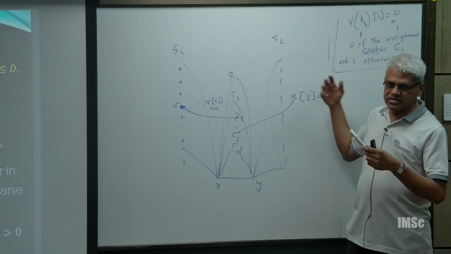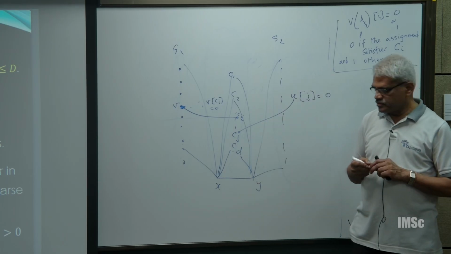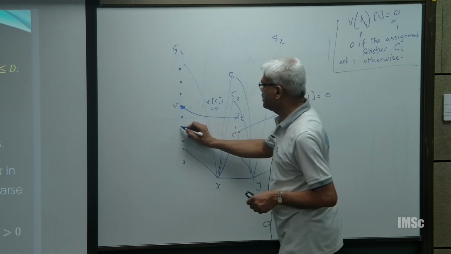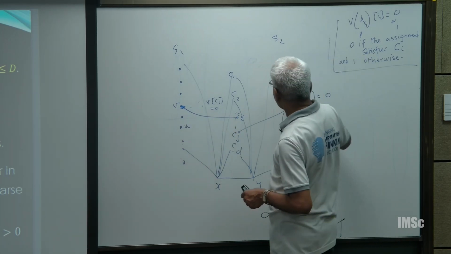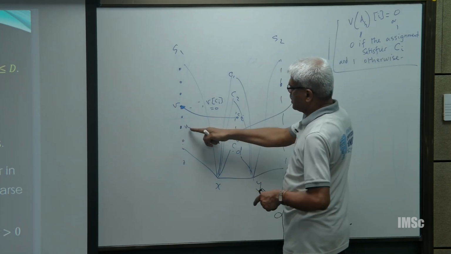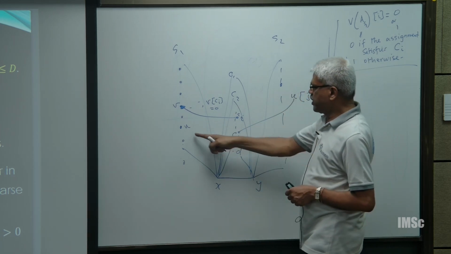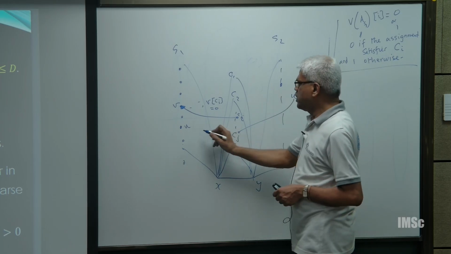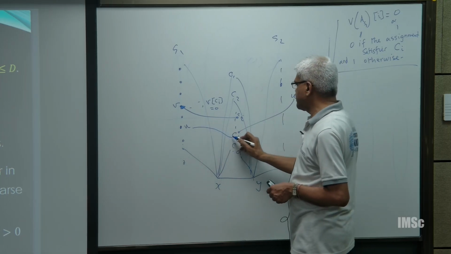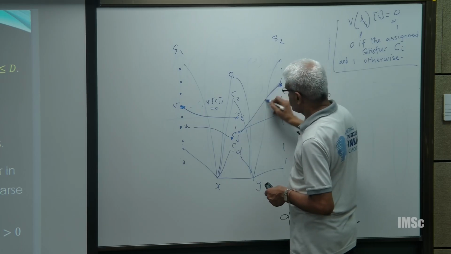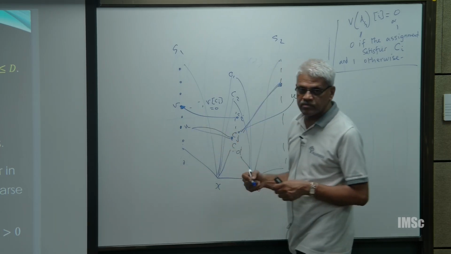When is that possible? Let us pick a vertex here and pick a vertex here. Their distance through x and y is 3, but for distance 2, there must be a particular j for which both of these are adjacent.